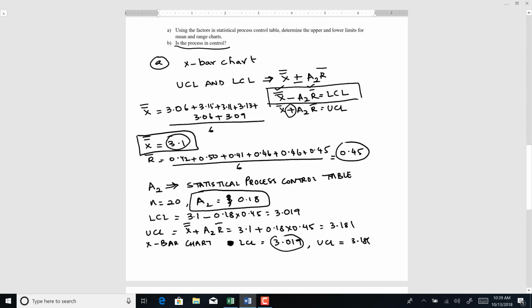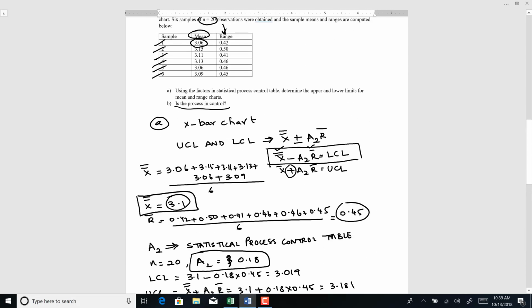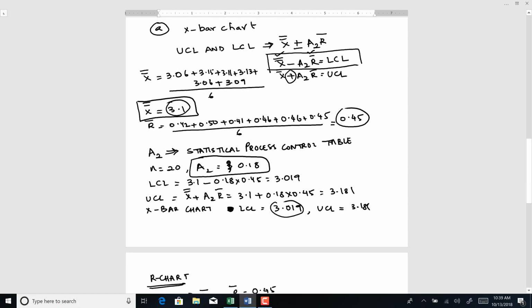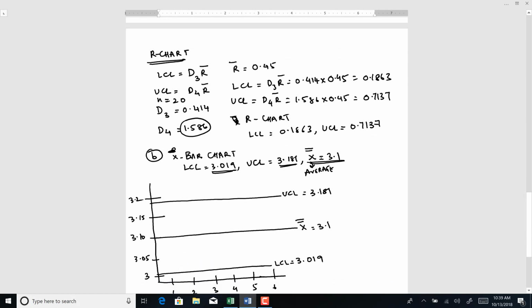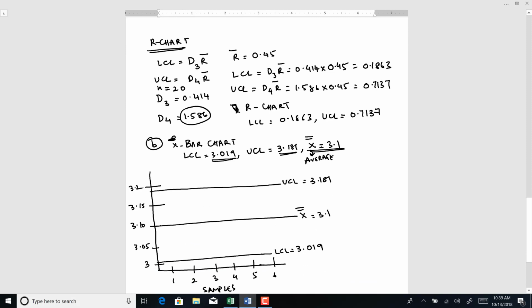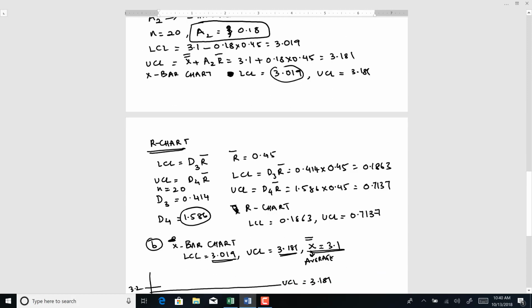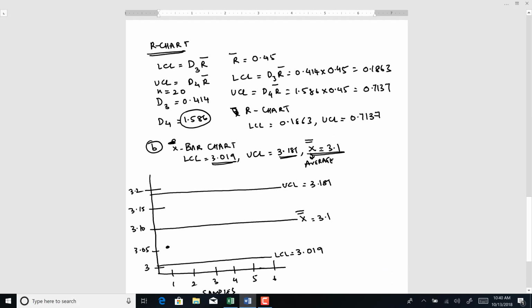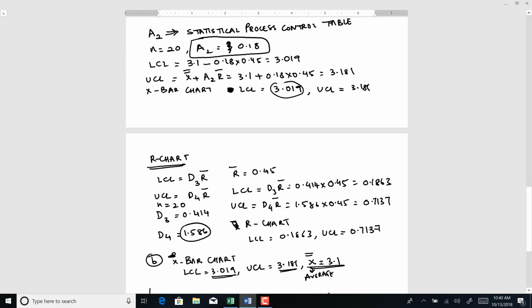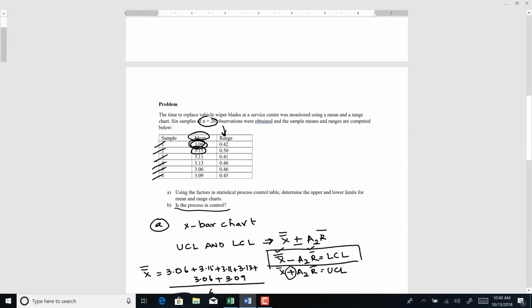So now I will take this data set and try to plot. Our sample 1 is 3.06, so it would lie somewhere here. Then the next one, sample 2, is 3.15, so that will lie here.